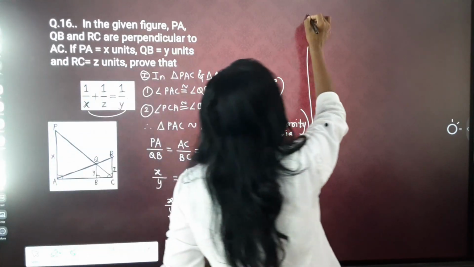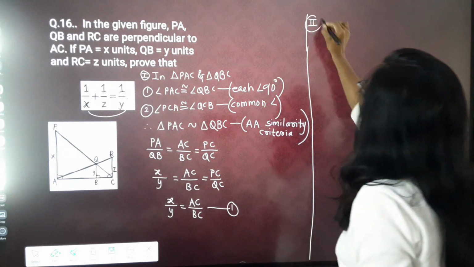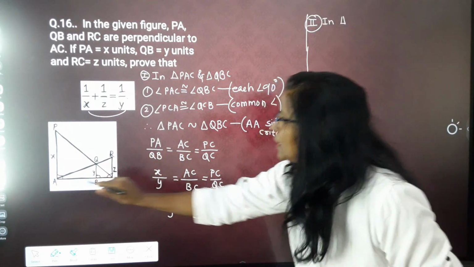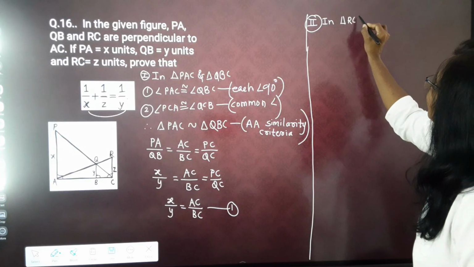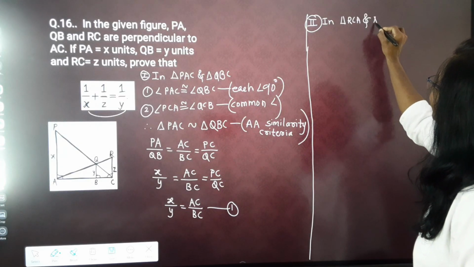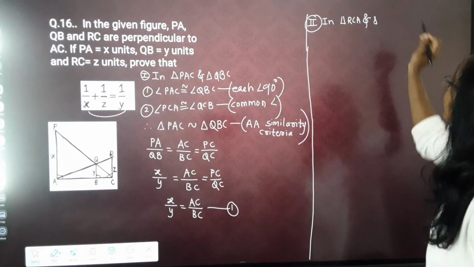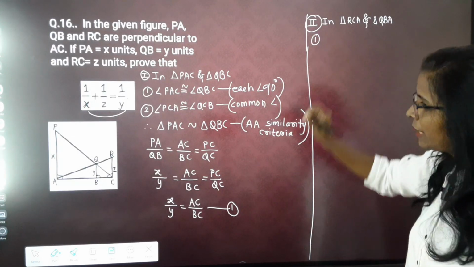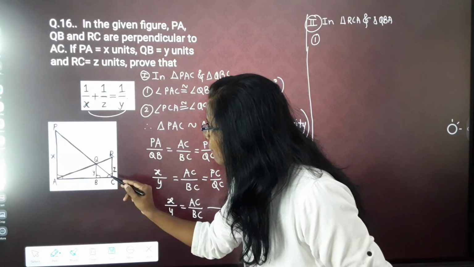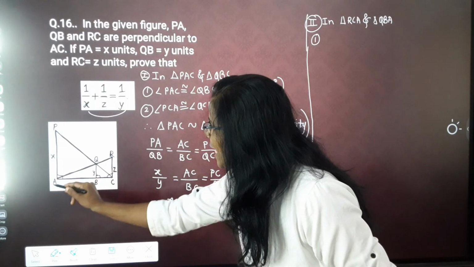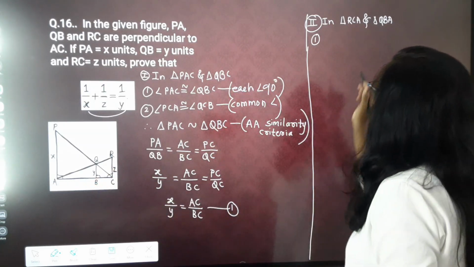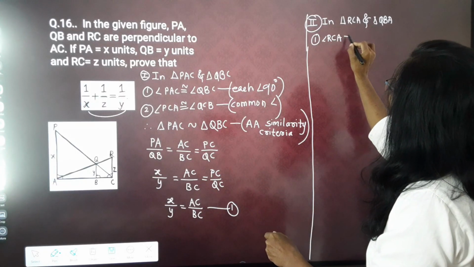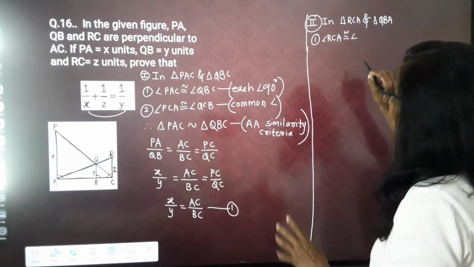So here I write the second step, that is in triangle RCA and triangle QBA, our first component will be angle RCA is equal to 90 degrees and angle QBA is also equal to 90 degrees. So we write angle RCA is congruent to angle QBA.